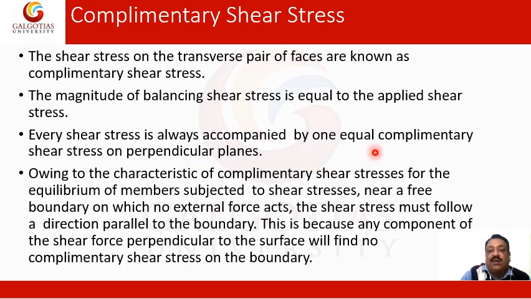It is generated automatically, and owing to this characteristic, for the equilibrium of members subjected to shear stress near a free boundary on which no external force is acting, the shear stress must follow a direction parallel to the boundary. This is because any component of shear stress perpendicular to the surface cannot exist without a complementary shear stress on the boundary. So that's an important point to carry.